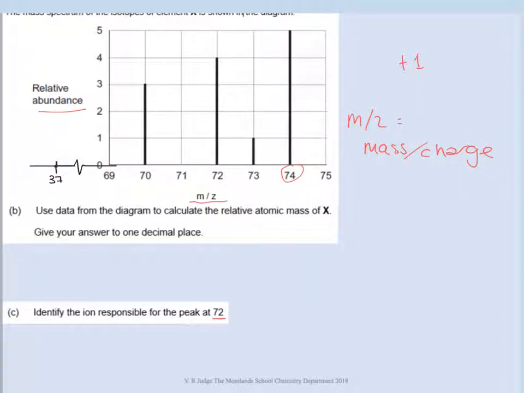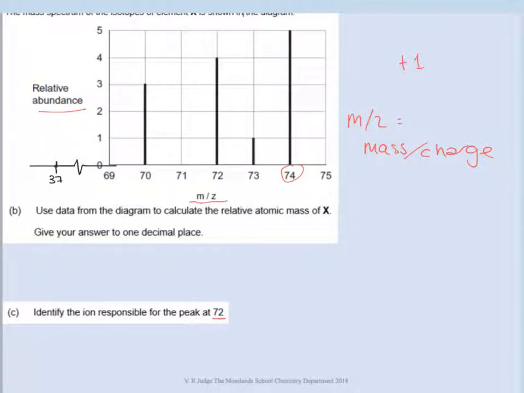So they might actually put that on the whole mass spectrum. They might show you all of the mass to charge ratios here. Obviously they've just gone from 69 to 75, and might show you a tiny peak at 37. So have a little think. I'm talking about the idea of most of the ions being +1 and hopefully being +1, what could the 37 peak be? It has been a question before, I've seen it asked a few times.